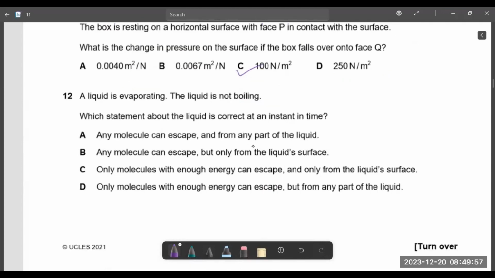Next, a liquid is evaporating. The liquid is not boiling. Which statement about the liquid is correct at this instant in time? Evaporation occurs mainly at the surface of the liquid, and boiling occurs throughout the liquid.